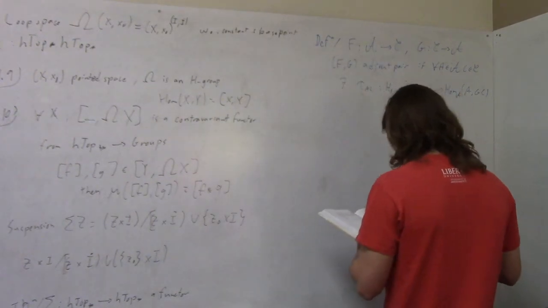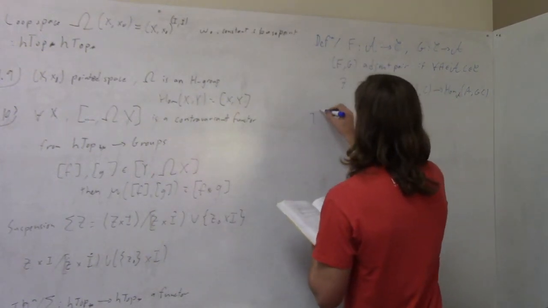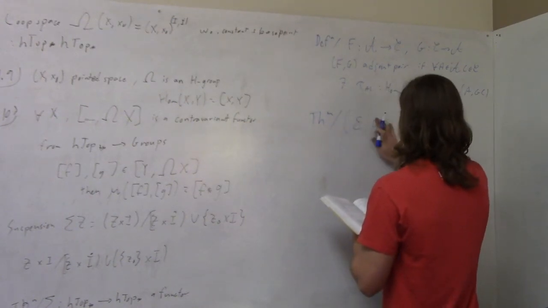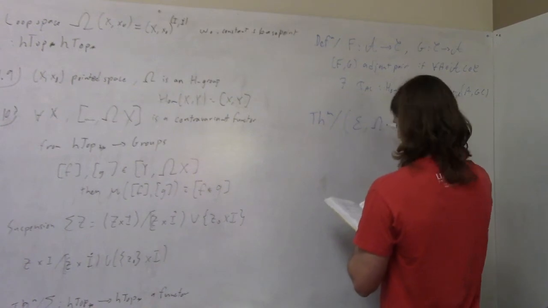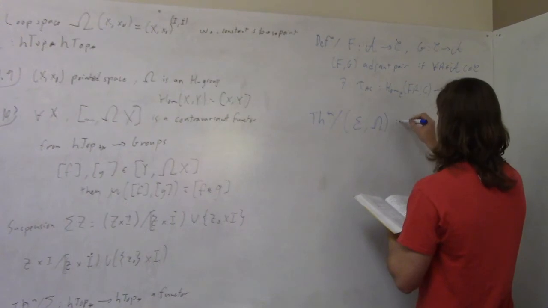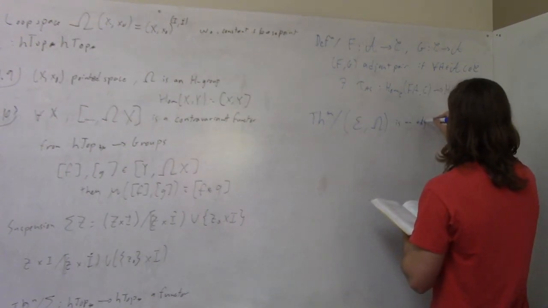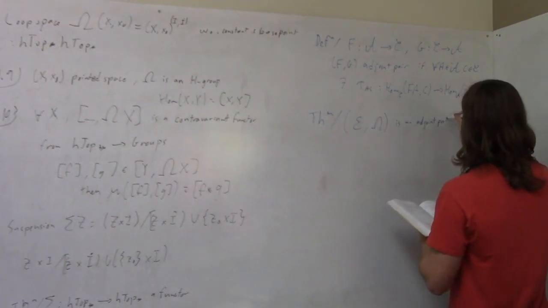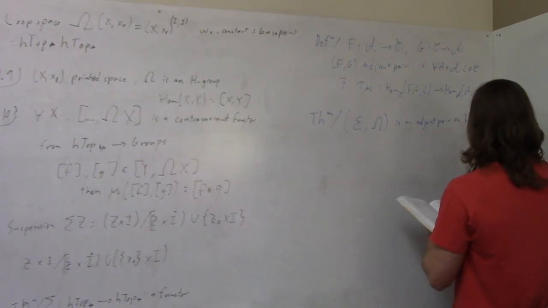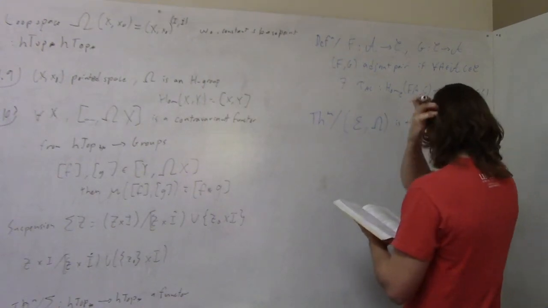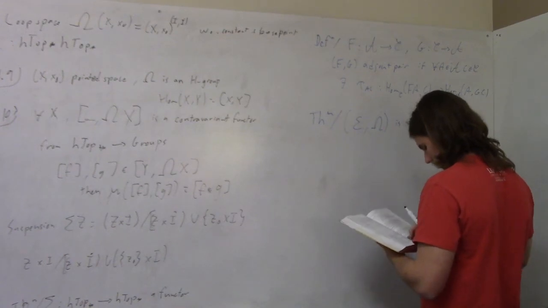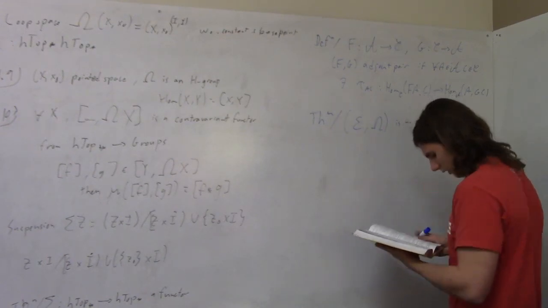Okay, and then a cool theorem is that the suspension and the loop space are an adjoint pair. I could go through this proof if you guys want.